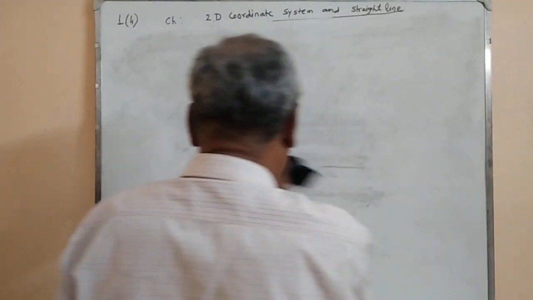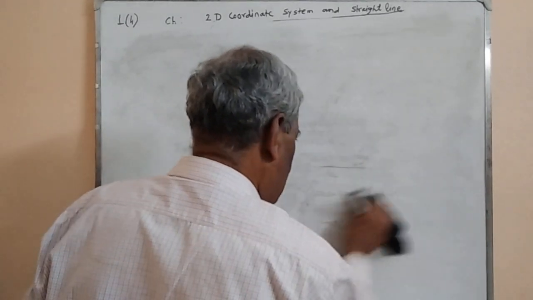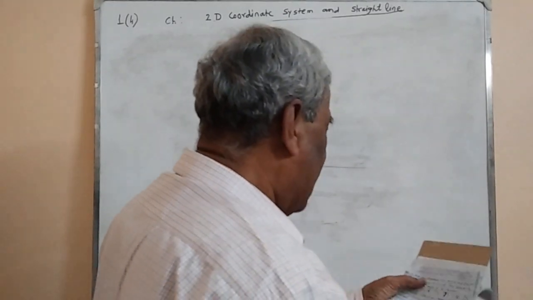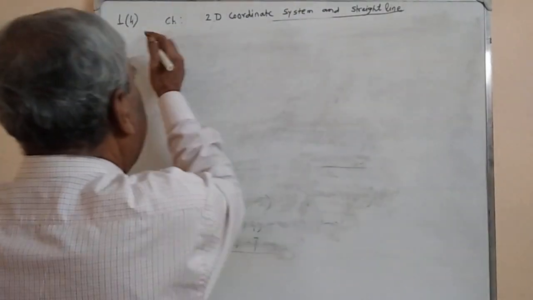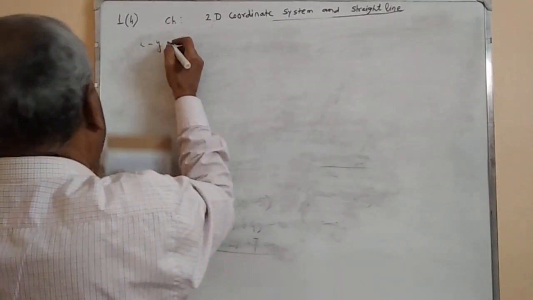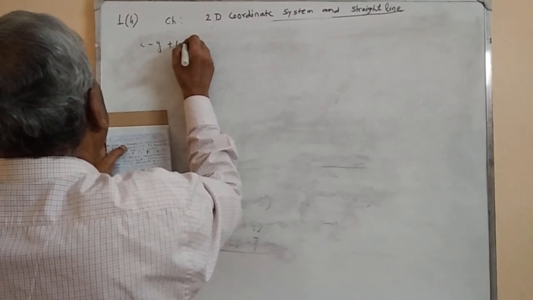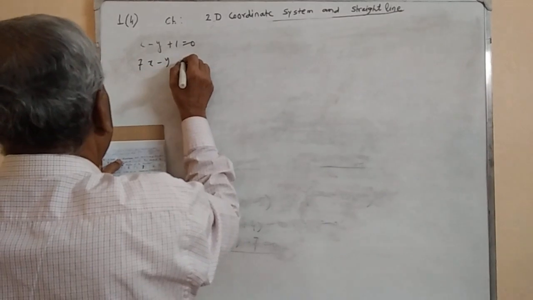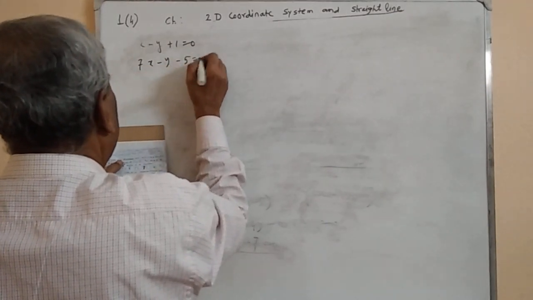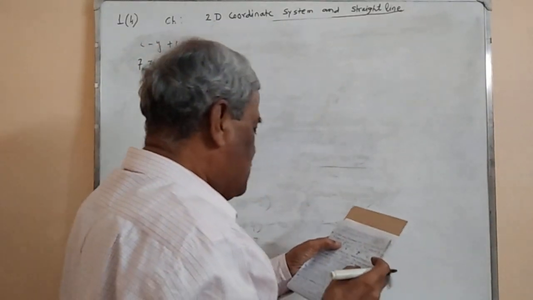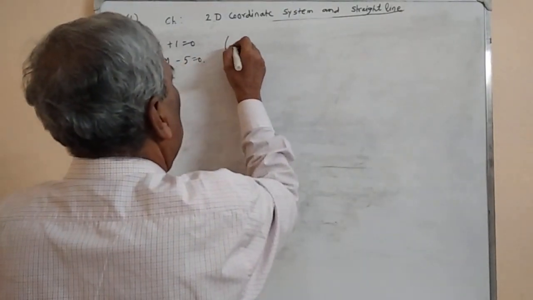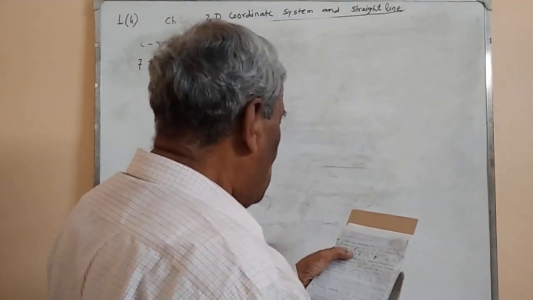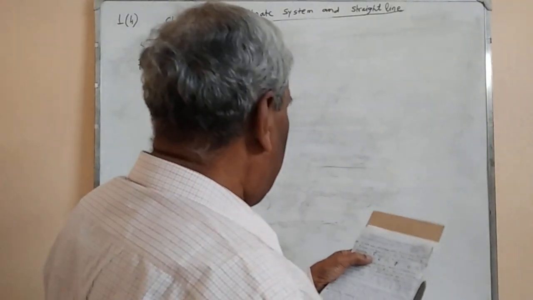Our next problem. Two sides of a rhombus are x minus y plus 1 is equal to 0 and 7x minus y minus 5 is equal to 0, and its diagonals meet at (minus 1, minus 2). Then which of the following is one vertex of the rhombus?